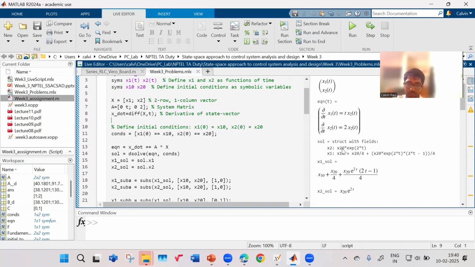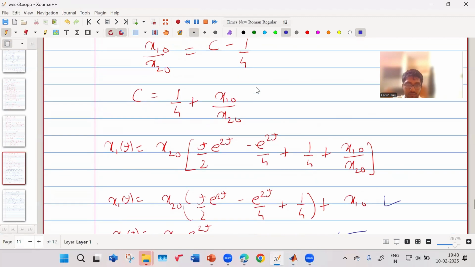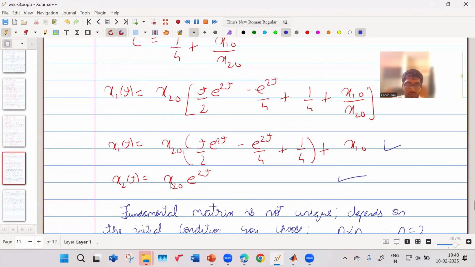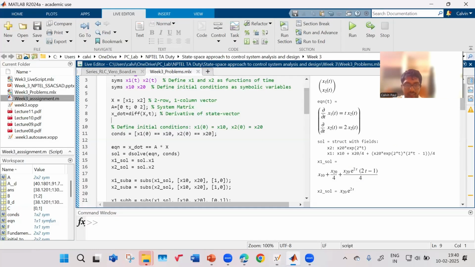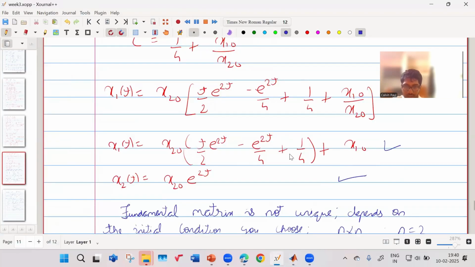So x2 is what? x20 into e to the power 2t, and x1 is x10 plus x20 by 4 plus x20 into e to the power 2t into 2t minus 1 by 4. So let us see what I have got. x2 is x20 into e to the power 2t, which is correct. And x1 of 0 is x10 plus x20 by 4.